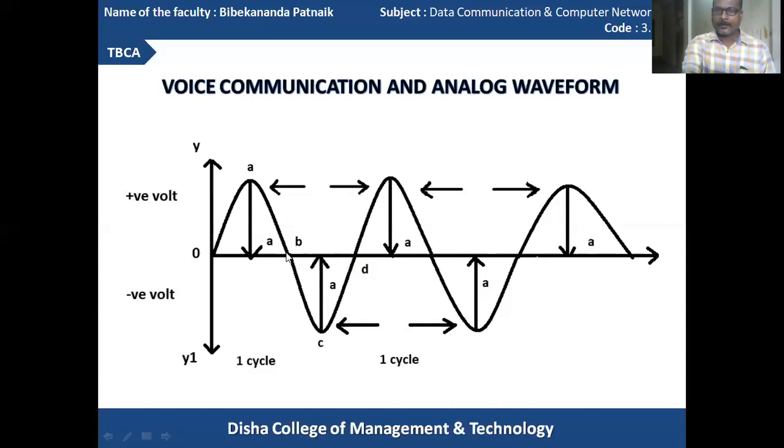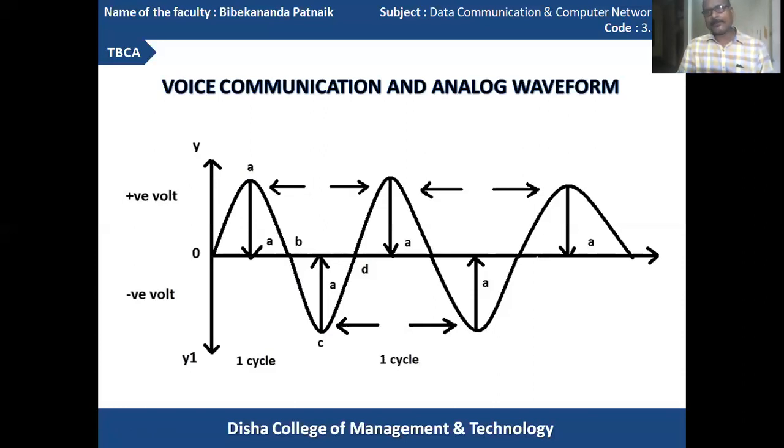Similarly, in the C it again falls down, that is 0 to minus, and after that it again increases to 0. So this is basically called the waveform in positive volt, negative volt, or 0 volt.